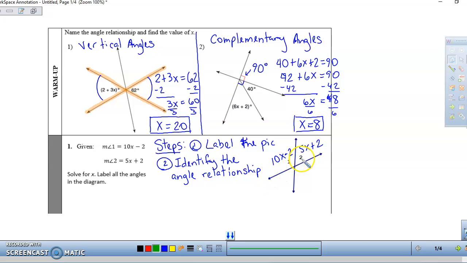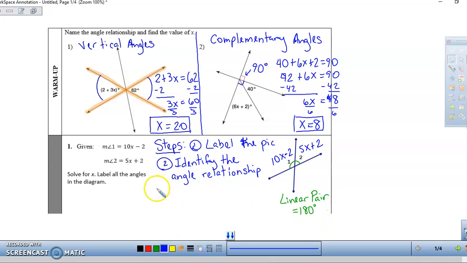They also form a line. So if you look in your notes, if they form a line and are adjacent, these are going to be a linear pair. Okay, so these are a linear pair. And what we know about a linear pair is that they add up to 180.